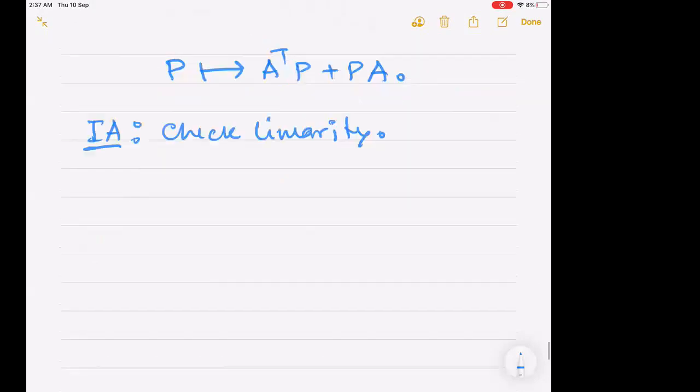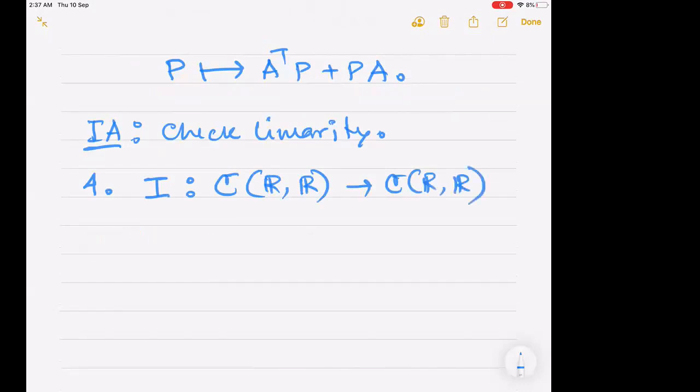I'll give you two more examples. One is this I map from continuous functions from R to R to continuous functions from R to R. How is it defined? Any function f is mapped to the integral from 0 to t of f tau d tau. This is a linear map.